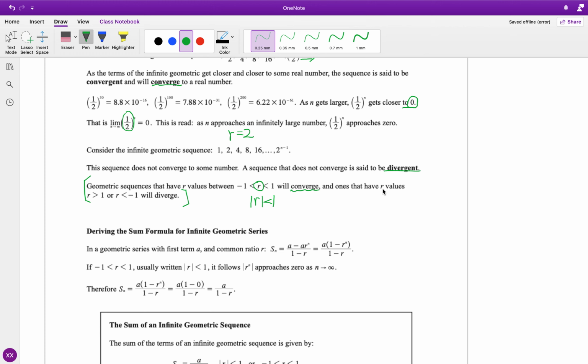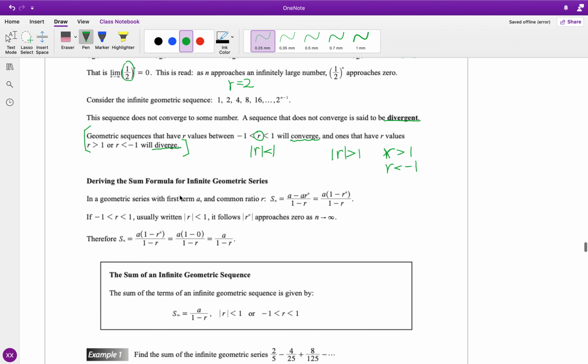But if the absolute value of R is larger than 1, that means R is either larger than 1 or R is smaller than -1, then the sequence will diverge.